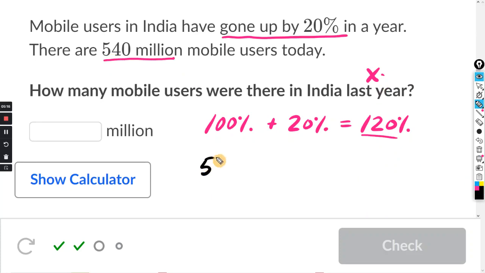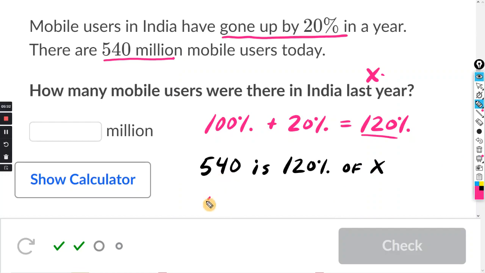So I'll write 540 is 120% of X. And now that we have that sentence, we can translate it into an equation.